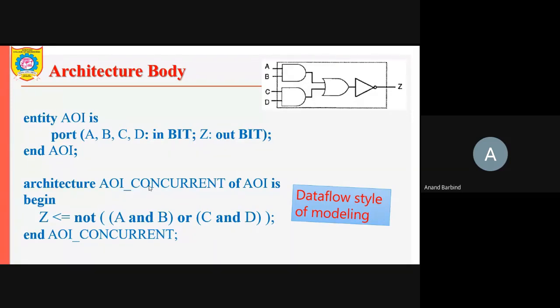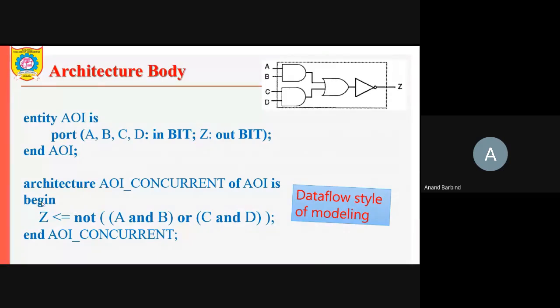So an appropriate name you can give for this architecture, and it should be followed by the keyword of and the name of the entity. The name of the entity is AOI here. Then you have to write the keyword is. So of is a keyword, is a keyword. These keywords must be used in this fashion only.